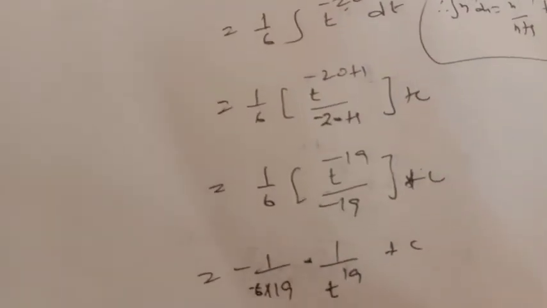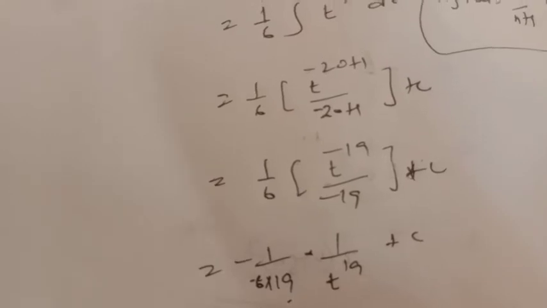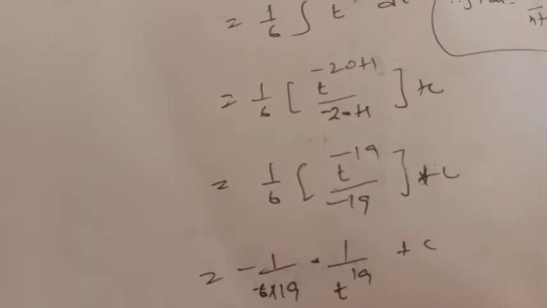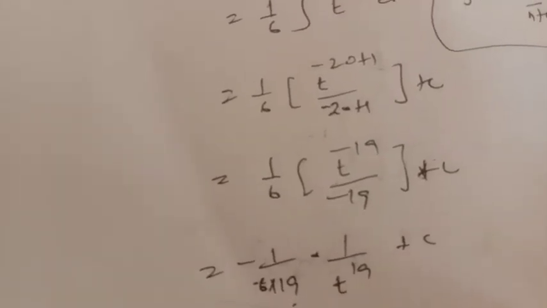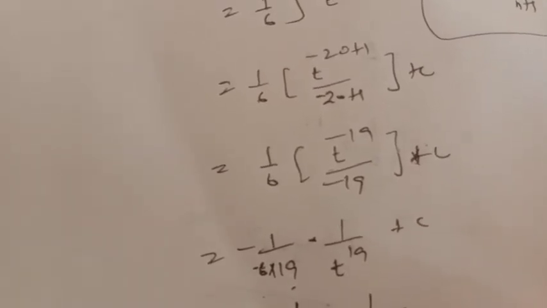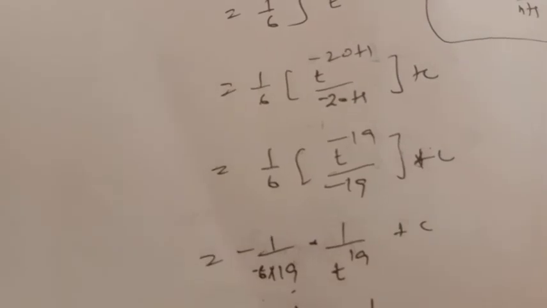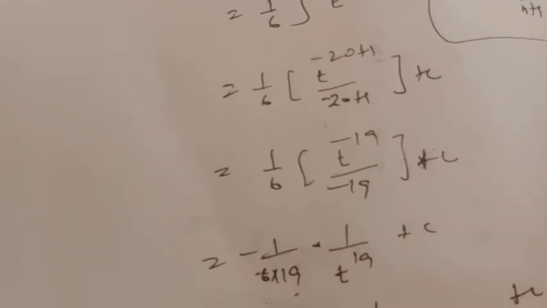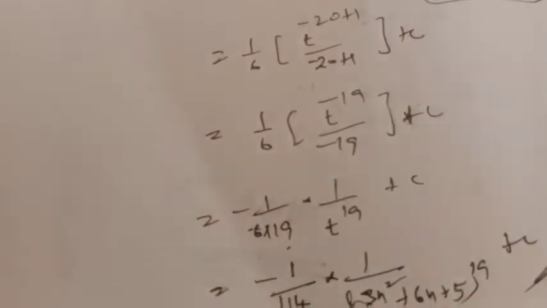Here substitute the t value, we get 1 by 3x square plus 6x plus 5 whole power 19 plus c is the answer of this problem.